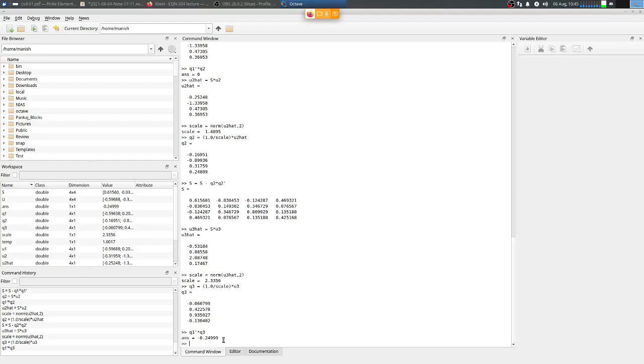No, I did that. This is the scale, the norm of U3 hat, Sir, the next line, scale and below that one. Q3 is equal to 1 by scale... oh, this has to be U3 hat, sorry. U3 hat, fine.